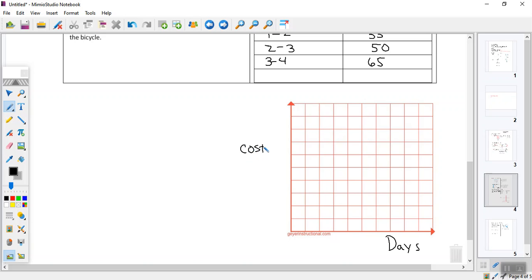Let's go by tens on this, and down here we'll go by ones. On that first day, what was our cost? $20. So this is going to be a graph that starts here at 20 and ends there at the end of the first day.